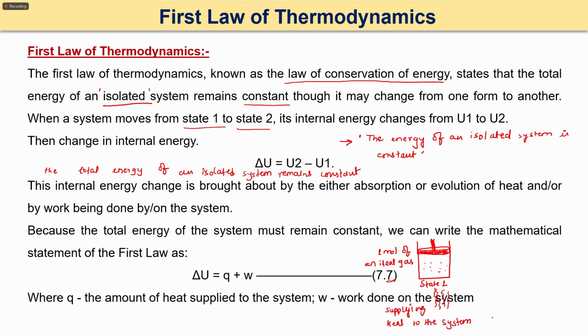It is denoted by Q, capital Q or small q. So Q is the amount of heat that is being supplied to the system.